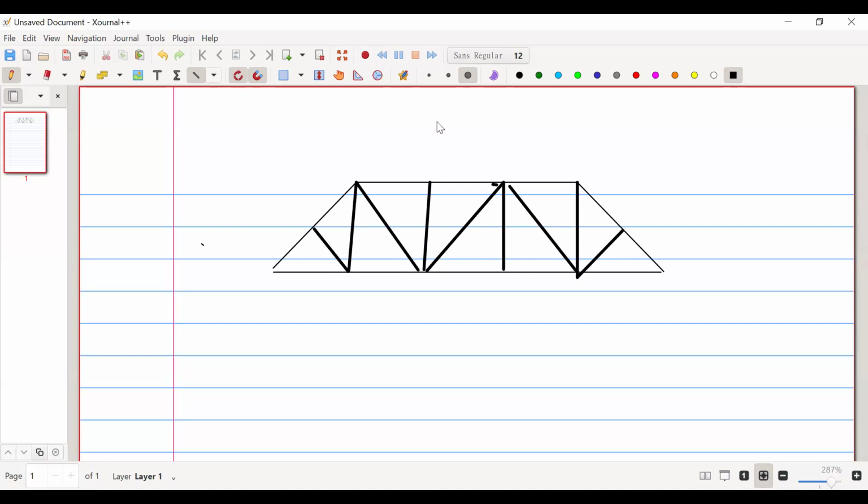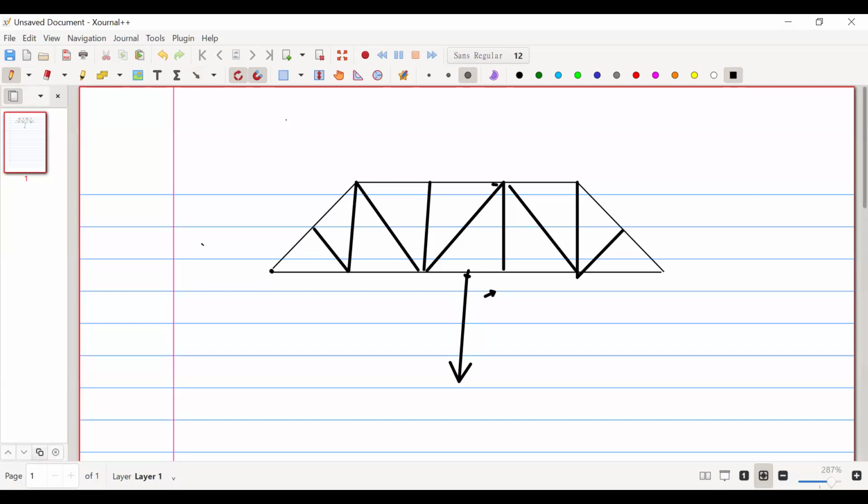And at the center, the truck is driving over it, and let's assume that the center of the bridge is somewhere here. So the bridge has a center there.